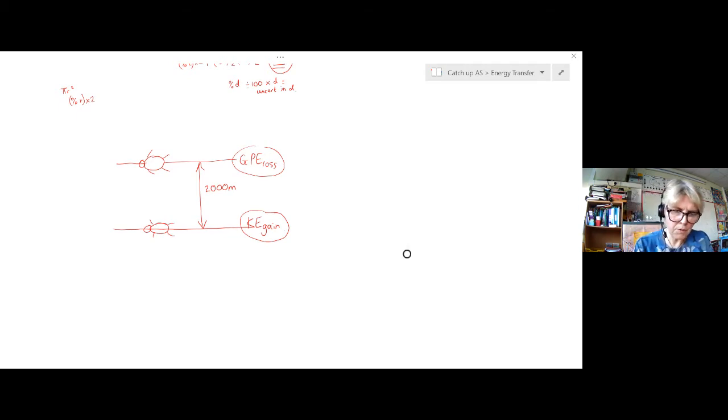So, for example, that gravitational potential energy loss, take away the kinetic energy gain, would be some sort of energy that has been converted into, because most probably the person falling has had to do work against air resistance.